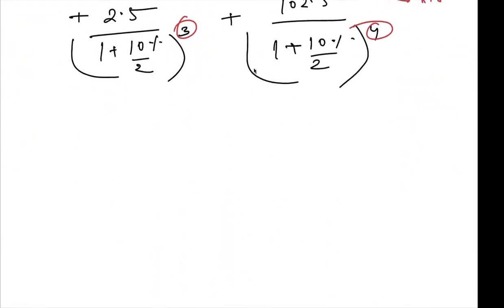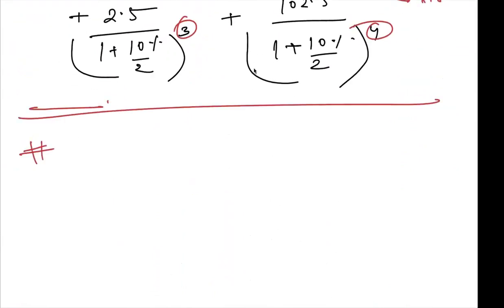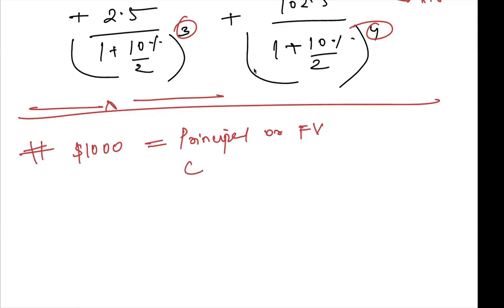Yes, Mehul. Okay, again, I want all of you to help me in this. $1,000 is your principal or your face value. Coupon is, let's say, 10%, with quarterly compounding, and let's say the interest rate is 10%.